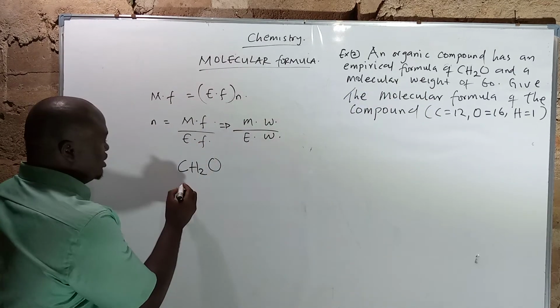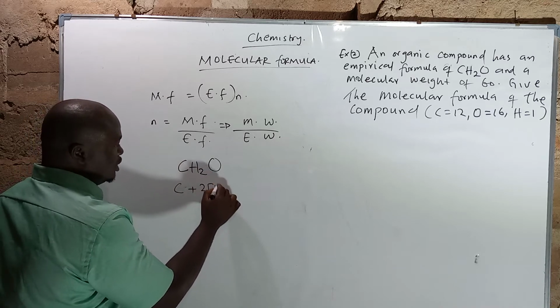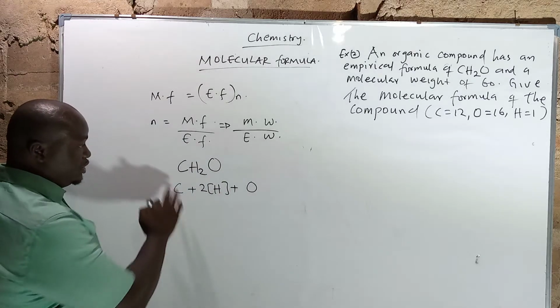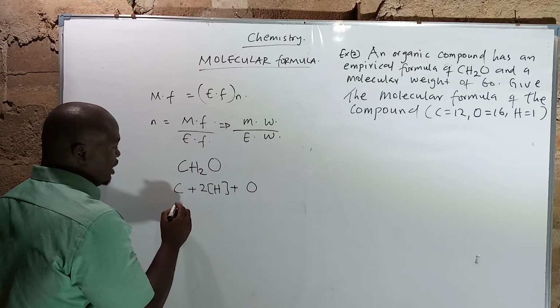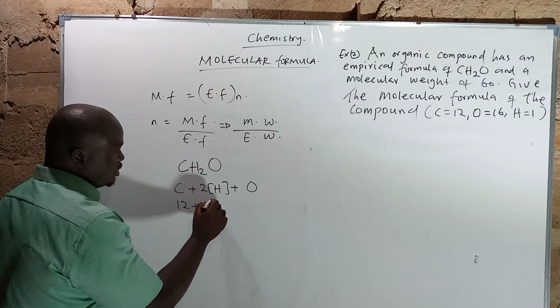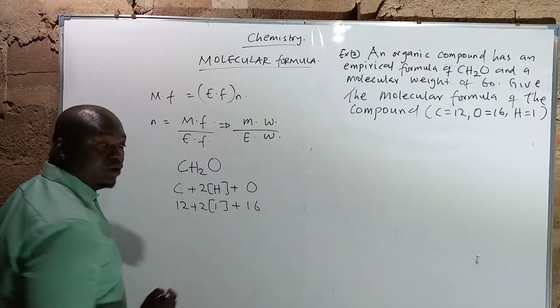How can you calculate the empirical weight? You just come to this place. You have C plus hydrogen, which is 2 hydrogen here, plus oxygen. I just separated this. Now I'll just substitute. The atomic mass of carbon is 12, plus hydrogen is 1 twice, plus 16, the atomic weight of oxygen.